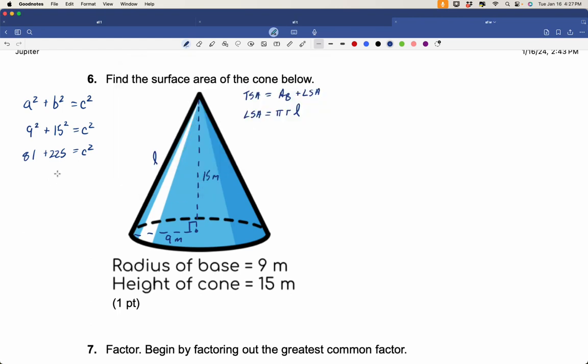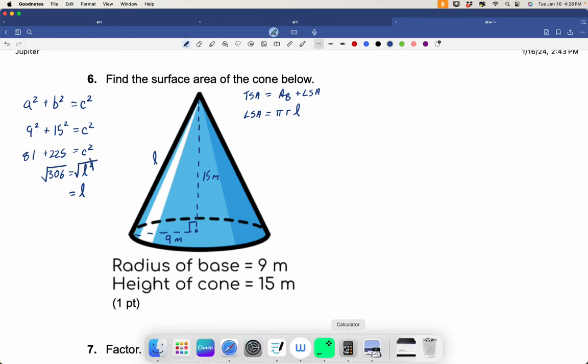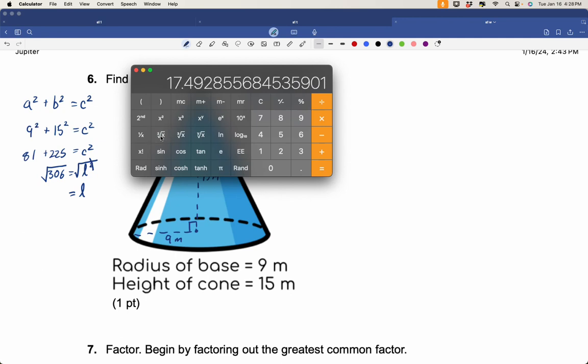So you get 306 is equal to c squared, or actually the slant height squared, because that's what we're looking for here. That's going to give us that little slopey bit right there. So we unsquare it in order to find it. This cancels this, so then this just becomes this value. In order to get it, the square root of 306, we're going to do it on the calculator for now. The square root of that is 17.49. I'm just going to round that to one decimal place to make life easy on everybody.